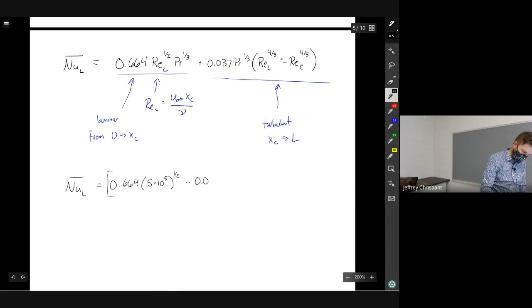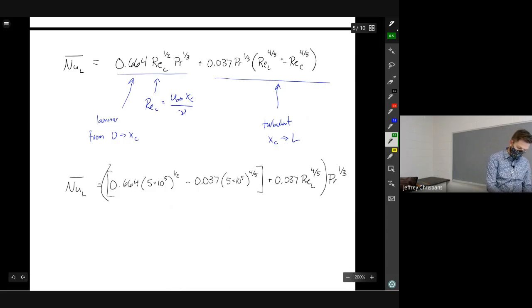Minus 0.037, 5 times 10 to the 5 to the 4/5, plus 0.037 times Prandtl to the 1/3.